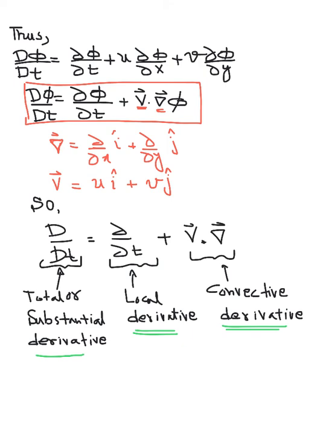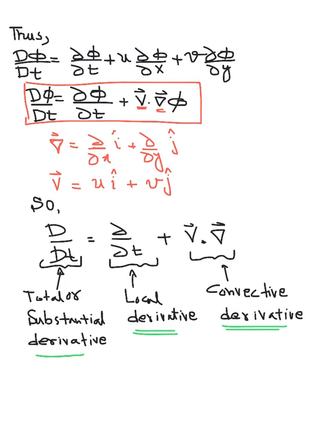The local derivative is the rate of change of that property with respect to local time, and the convective derivative is the change due to the fact that the element is moving in a field of varying property.